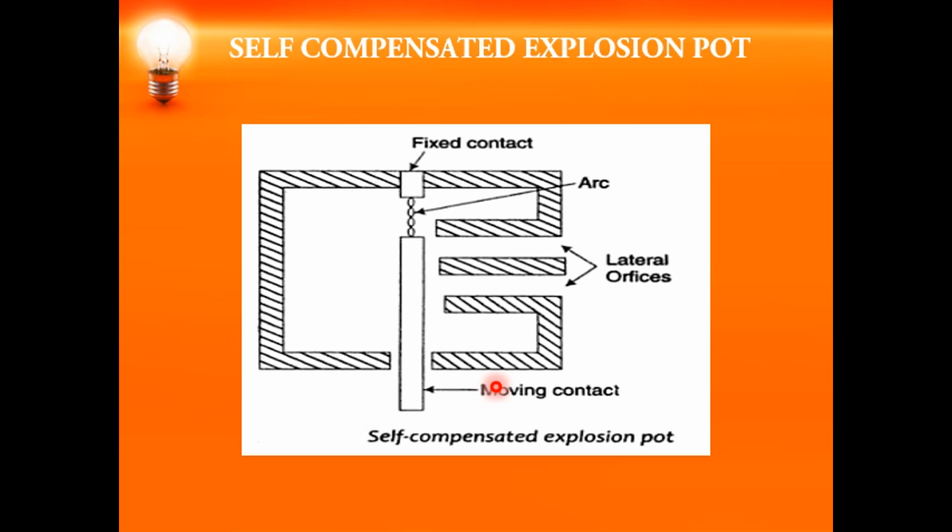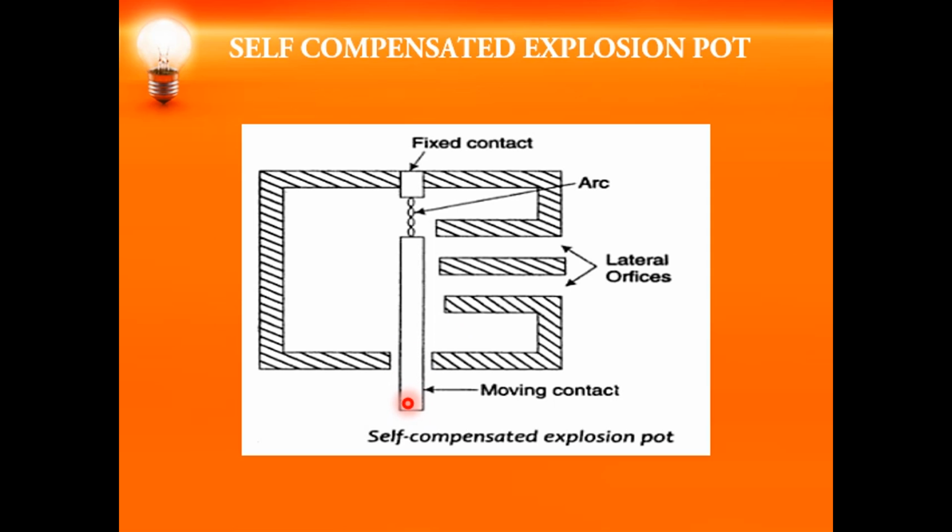Initially, when the current is low, the pressure is very less, so most of the time the arc doesn't get split at this point. Once the pressure gets built up and the moving contact is still moving, the arc is quenched at this point once it moves out of the pot.